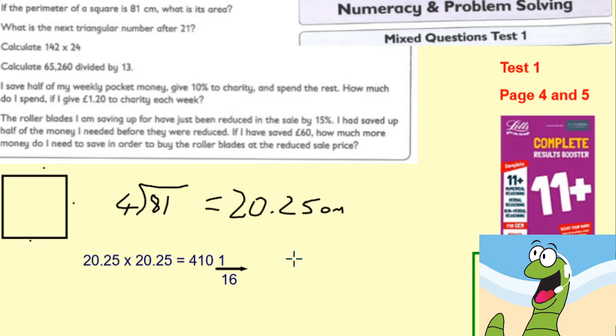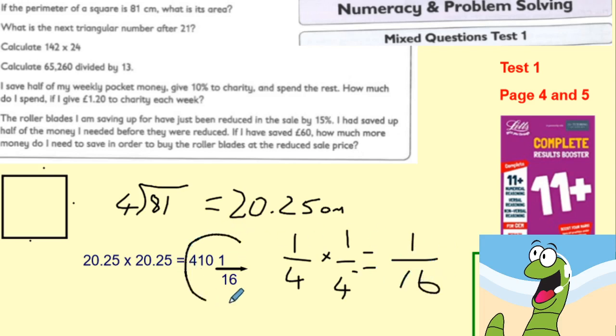Remember, we're multiplying 1/4 by 1/4. Multiply 1 by 1, and that gives us 1. 4 times 4 is 16, 1/16. So your answer, 410 and 1/16.